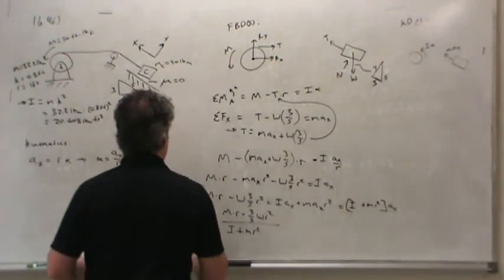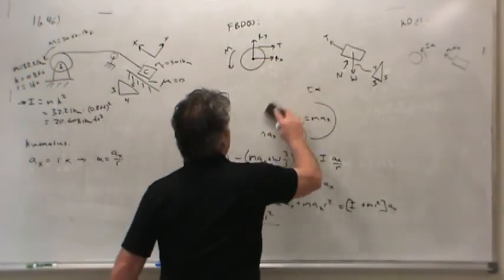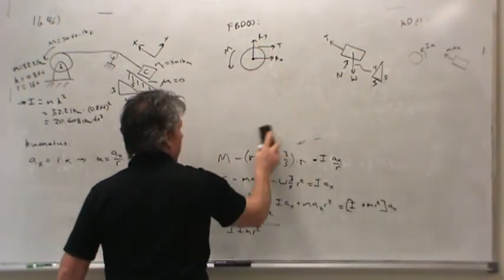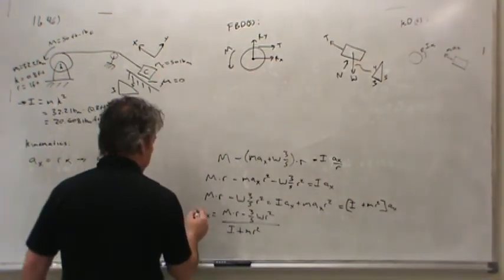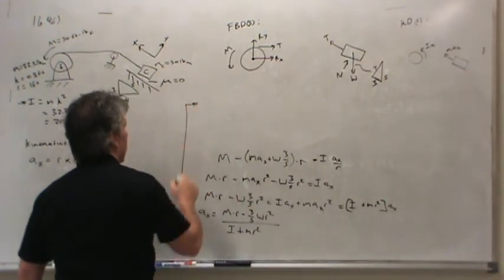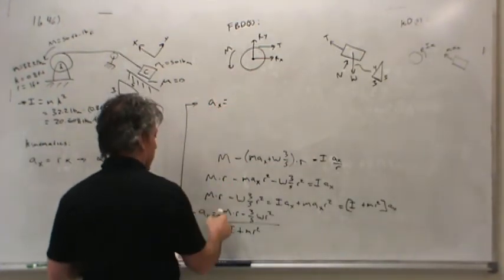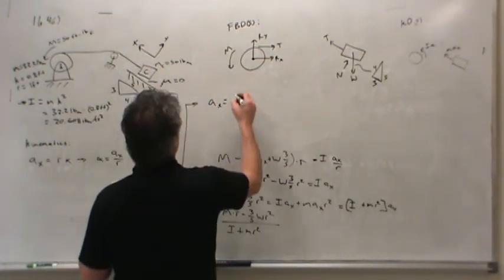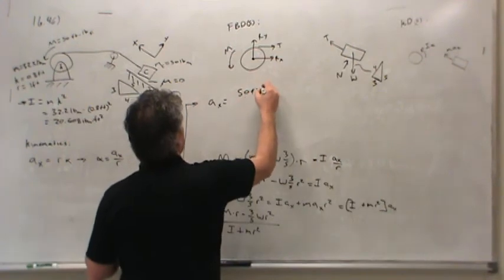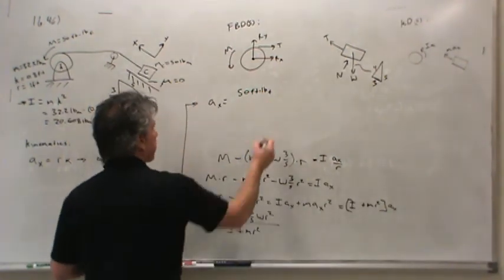Okay, this is going to be a bit messy, so let me get rid of the force equation and moment equation, and let's plug in the numbers. So AX equals, the moment is 50 foot-pounds force.